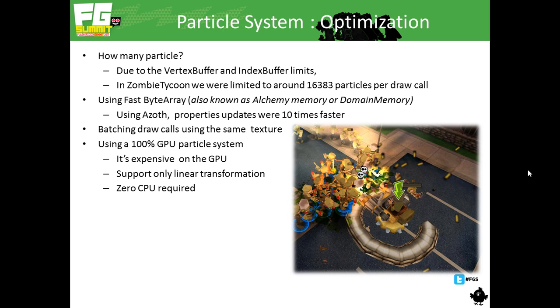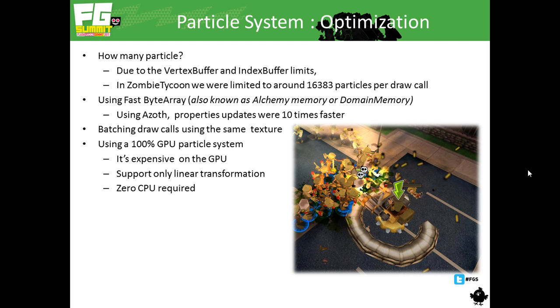When using Azot in the property update phase on the CPU, we were about 10 times faster than when we weren't. So it's a huge optimization that needs to be done if you have to update a lot of particles.